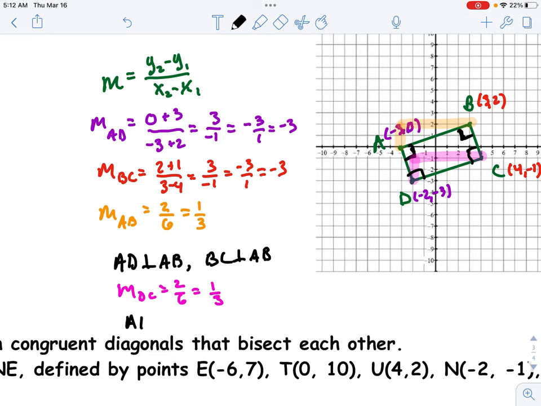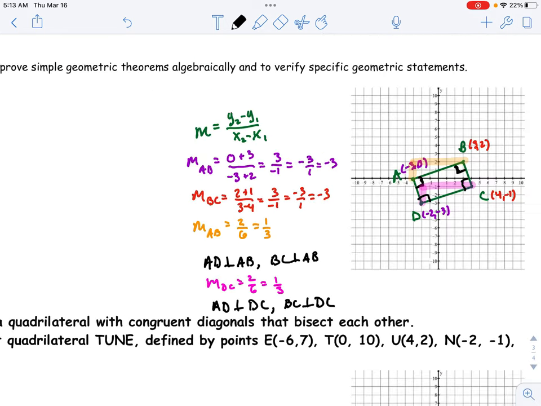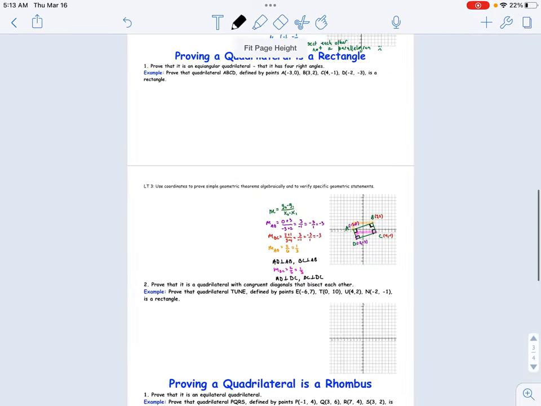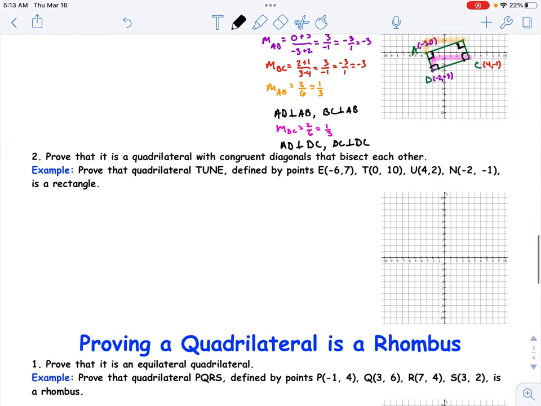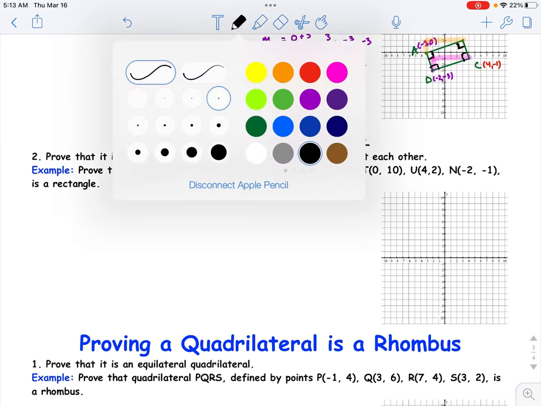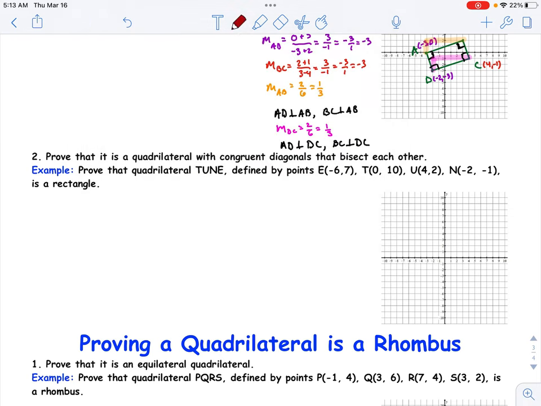We got everything that I want. Alright, AD is perpendicular to DC. And then we know that BC is perpendicular to DC. Alright, it would be a rectangle. One more problem. Alright, same thing. This is another rectangle.